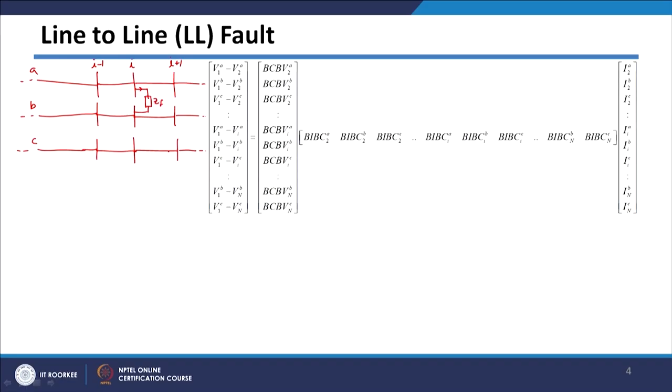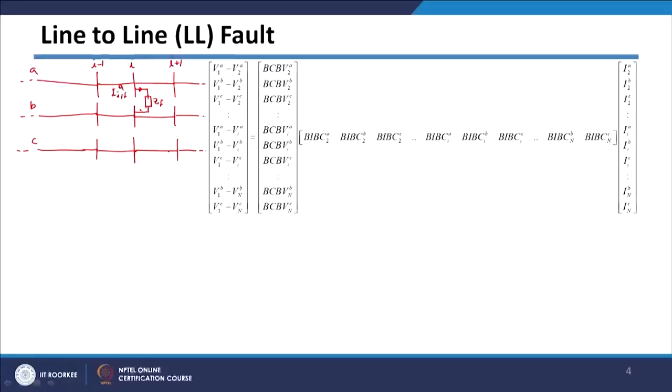In this case this is the fault current in A phase, and we have seen that this comma F notation we are using to represent post fault quantities, and this current is the post fault current in B phase. This particular current is the fault current in B phase, and this is the fault current in A phase, and we can see that in this case they are opposite in direction.